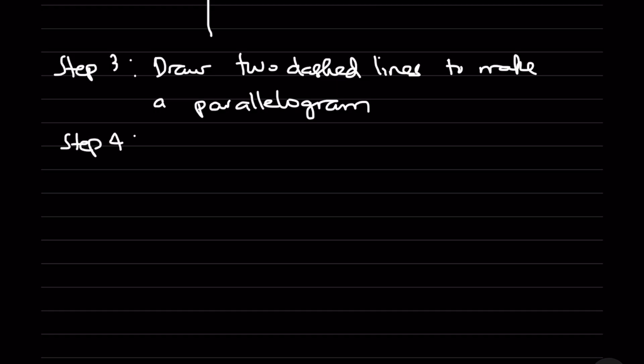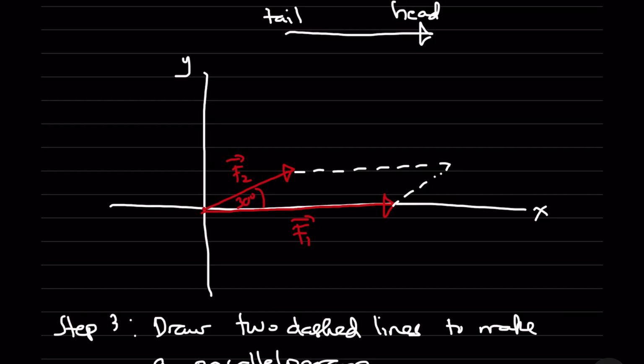The next step is to draw the resultant vector. The resultant vector can be drawn by connecting the origin and the point of intersection of the two dash lines.